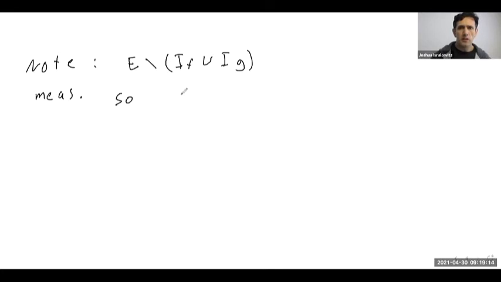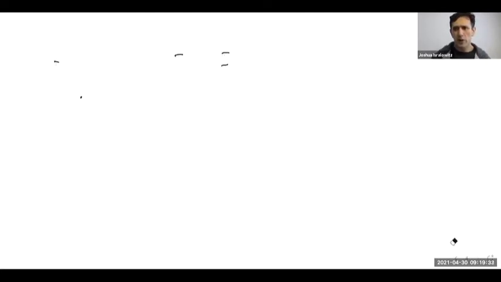Certainly, maybe I'll prove in a moment that we have a measurable function. Actually, I'll leave that for homework, that this function that we get here is measurable.